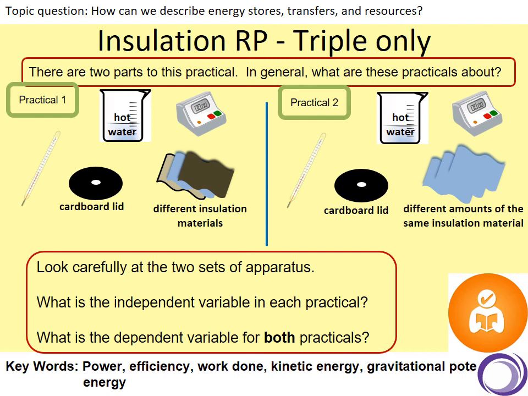Another question for you to think about is, why have I got that cardboard lid? What's the point of that cardboard lid there? Again, pause the video, have a little think about that and then play it again when you have finished.